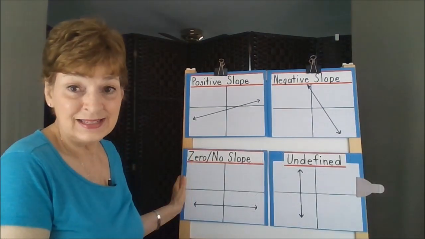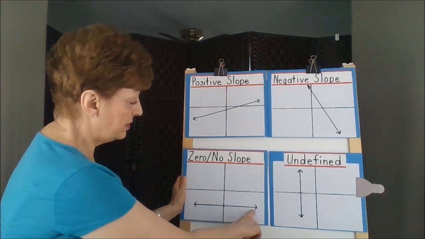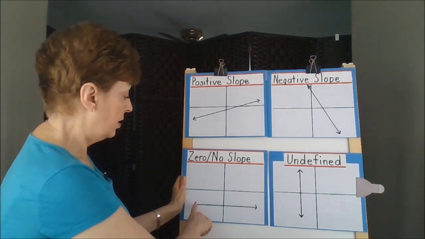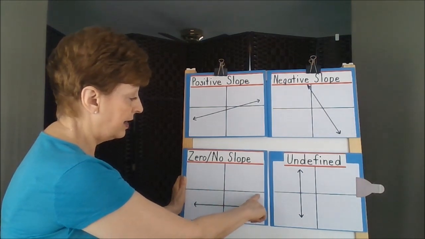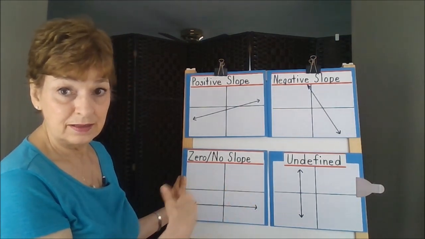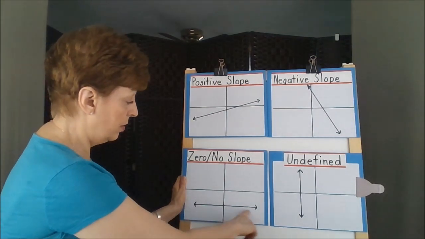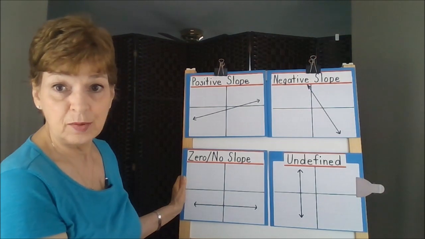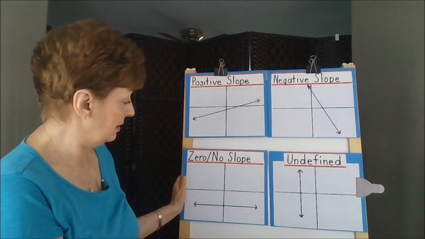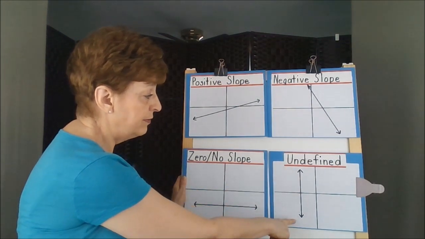Now, it's also possible to have no slope at all. This is called zero slope, and it just goes parallel to the x-axis. This would be a flat line. So if you were on a bike, this would be quite easy, biking on a flat surface. Lastly, we have one that's called undefined.